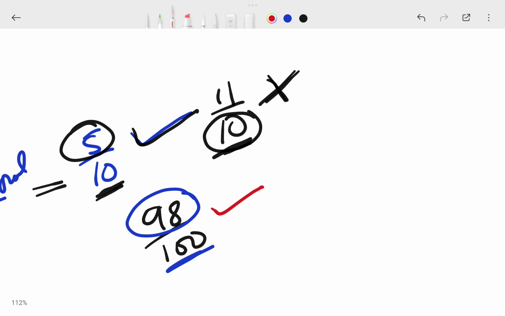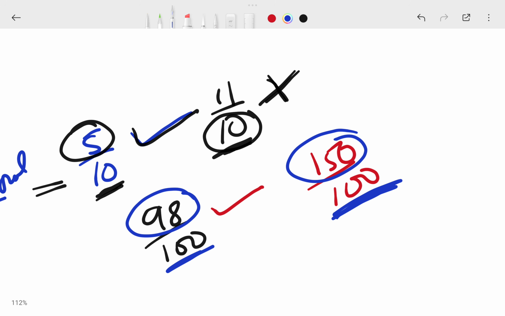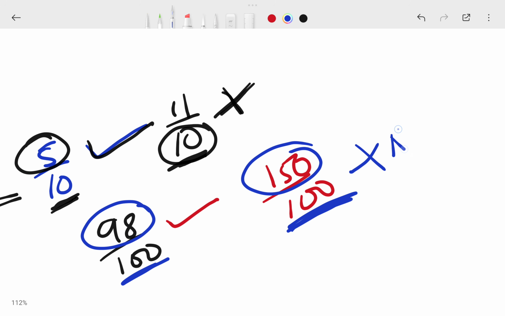But someone says, sir, I will get 150 out of 100. Is it possible? In a 100 marks paper, how will you get 150? Is it possible? No, it is not possible. That's why it is not proper. This is not a proper fraction. So anything which is not proper is improper. So what do we call that? This is an improper fraction.